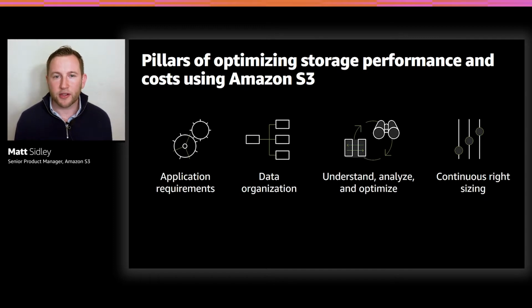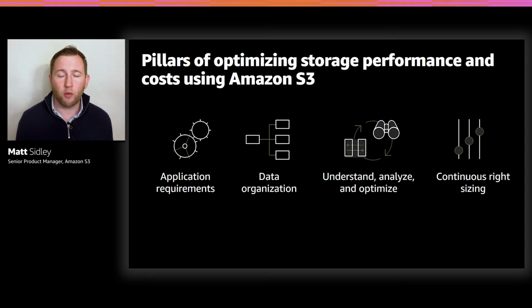The second pillar is data organization. Within an organization, we expect to see a diverse set of data sets spanning different departments and even projects. We have seen that it can be really powerful to organize your data in the beginning if you want to effectively optimize both cost and performance. The third pillar is all about understanding, analyzing, and optimizing your workload based on how that behaves over time.